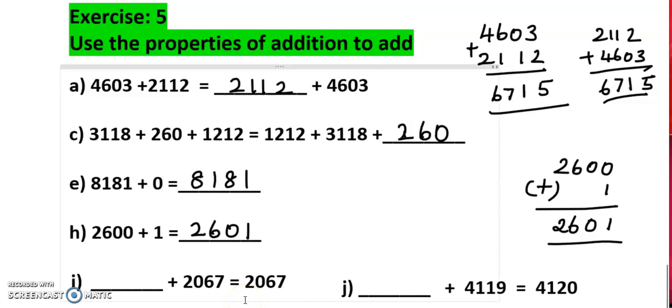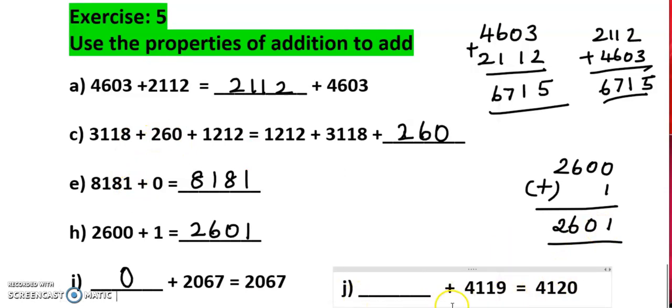What property are we going to use here? Zero property, because if you add 0 with this number, you will get the number itself. So 0 plus 2067 equals 2067.